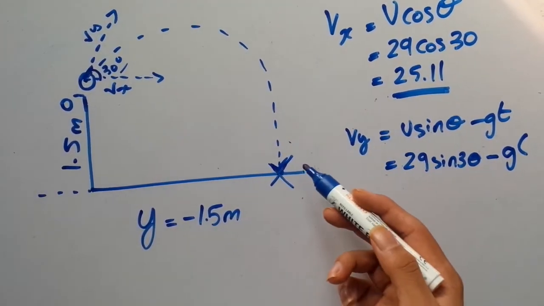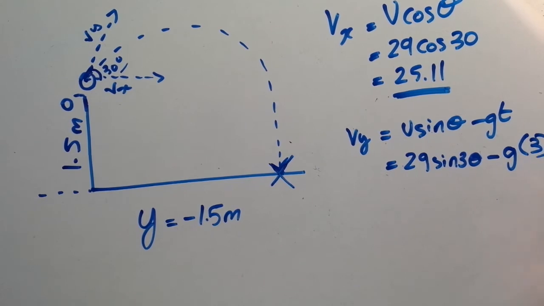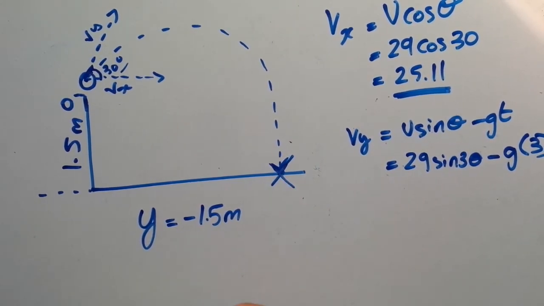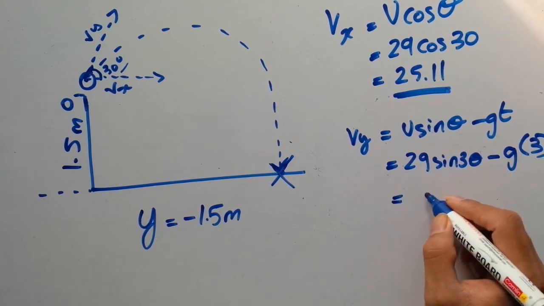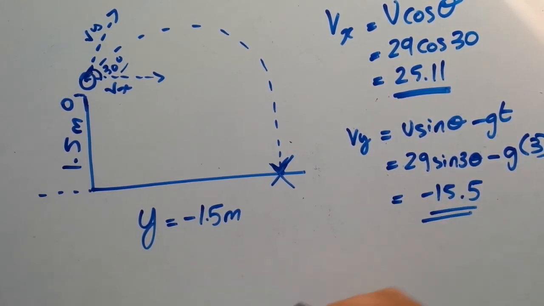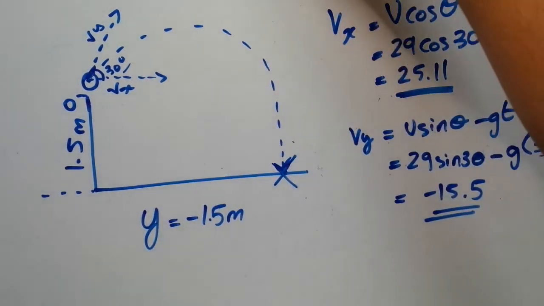The time here is 3 seconds, which we found from the first part, the point of contact with the ground. We should be getting that as minus 15.5. Note these values for further calculations.